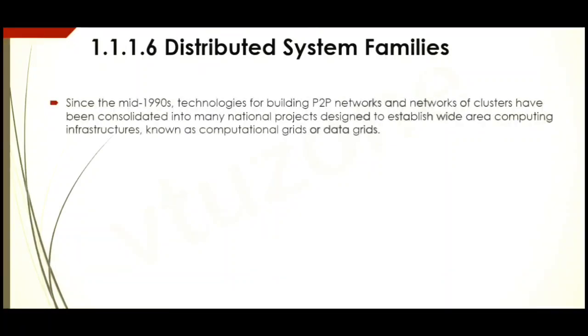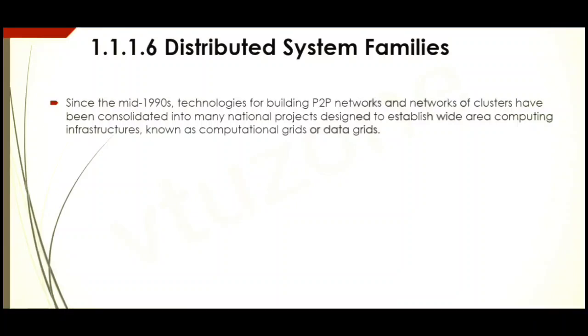See, in the 1990s, scientists started connecting many computers together to create large computing networks, and these networks were built using peer-to-peer systems and clusters of computers. Government and research institutions combined these technologies to create huge shared computing networks called computational grids or data grids.